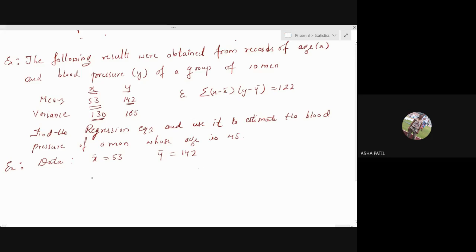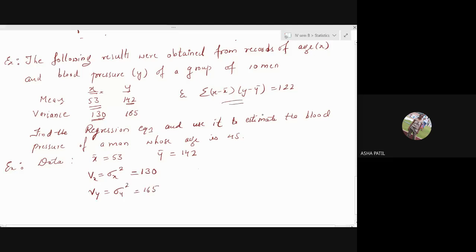Variance is sigma square. So let us write variance of x as sigma x square, which is given to us as 130. Similarly, we are given sigma y square, which is equal to 165.